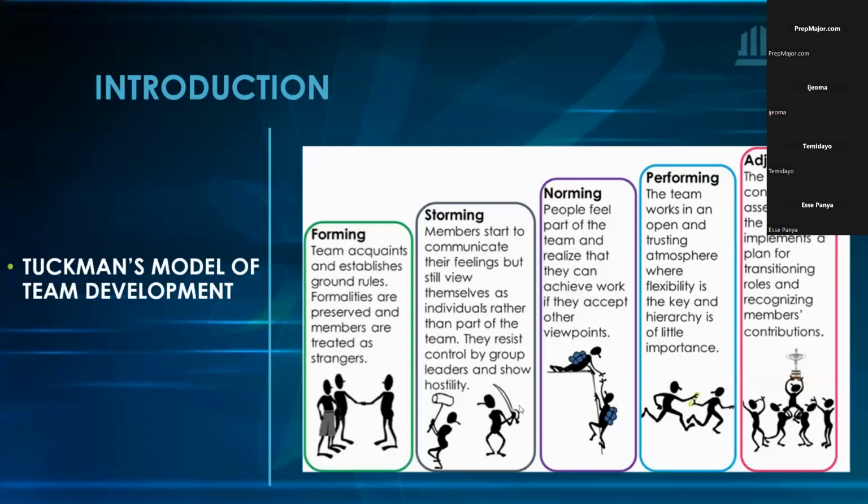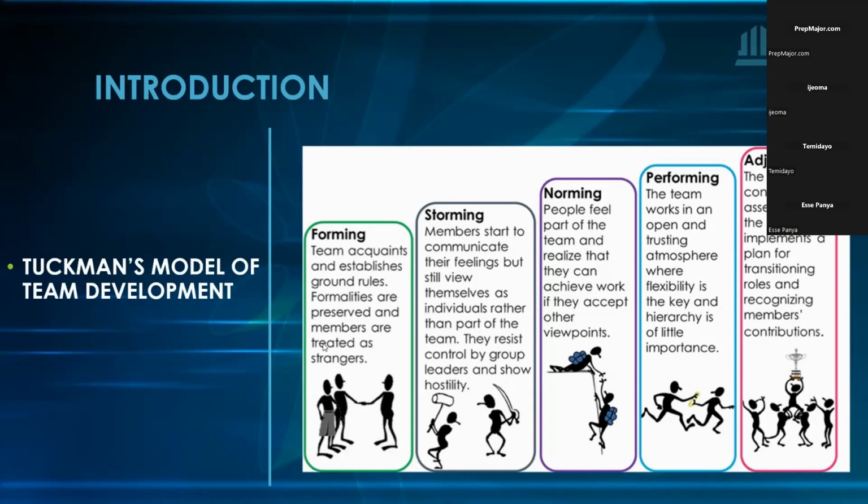Very quickly, I would like us to look at Tuckman's ladder that describes the stages of group development. Usually we have the forming stage, the storming stage, norming, performing, and adjourning. Friction usually occurs in the forming stage. In the forming stage, the team is still very formal with each other, still trying to be official, and they treat each other like strangers.